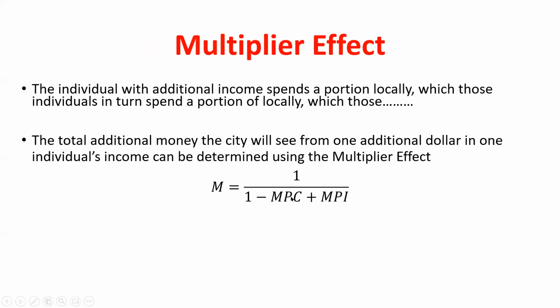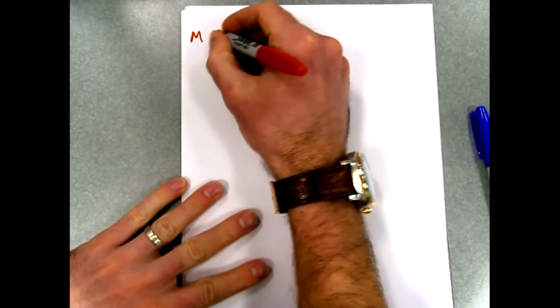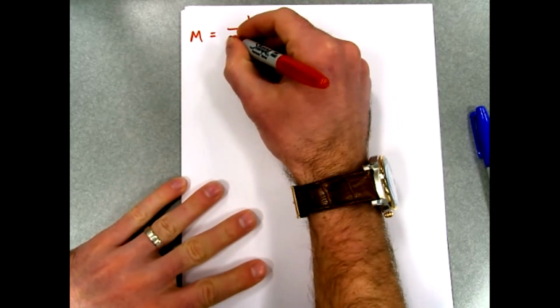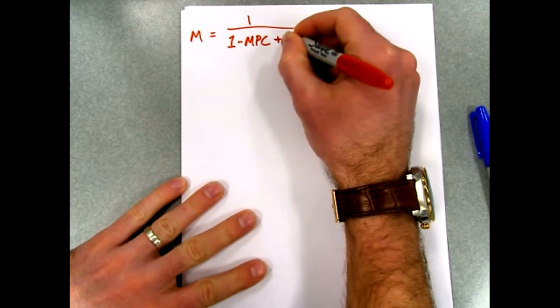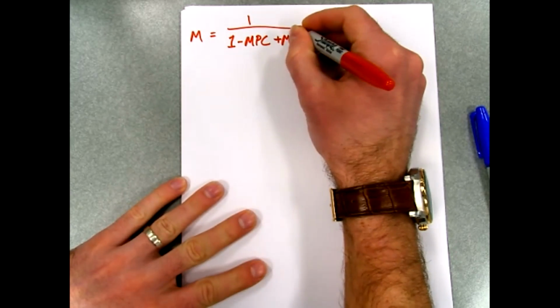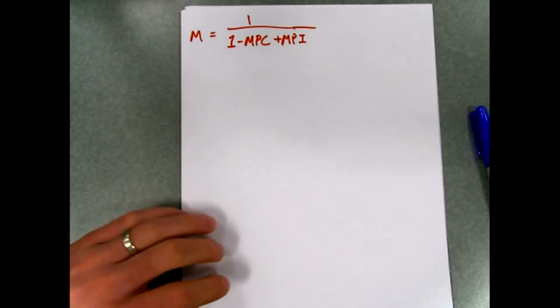So we end up with this equation for our multiplier effect, which is 1 over 1 minus our marginal propensity to consume, plus that marginal propensity to import. So we'll think about how this would look for different cities here. And I'll write that equation down again if you were jotting that down. So we've got our multiplier effect, which is 1 over 1 minus the marginal propensity to consume, plus our marginal propensity to import, or spend our money elsewhere.